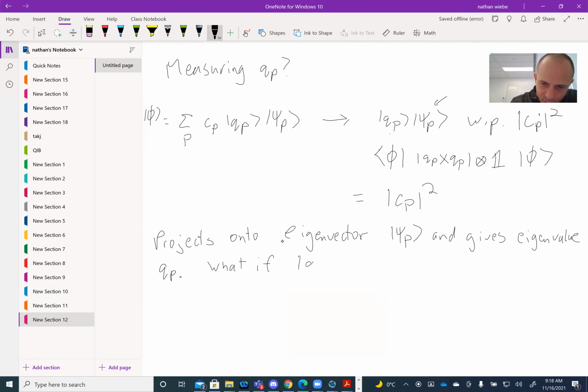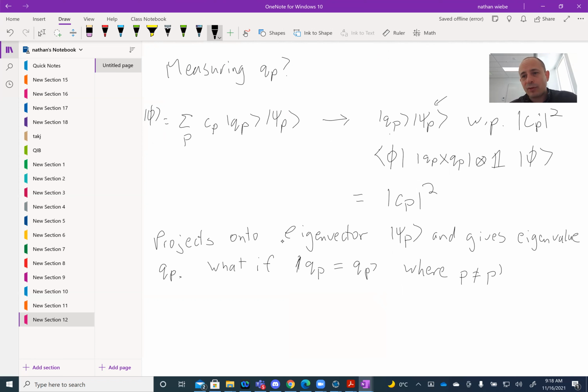Now, of course, there's a caveat to this, because what if we have that q_p is actually equal to q_p', where p is not equal to p', i.e., what happens if there's two different vectors that happen to have the same eigenvalue?